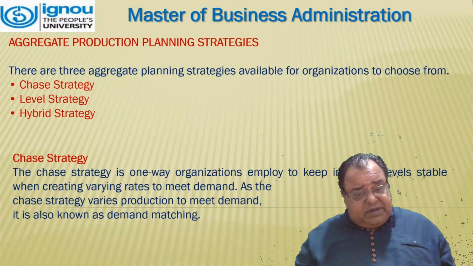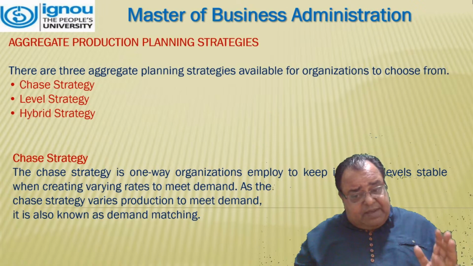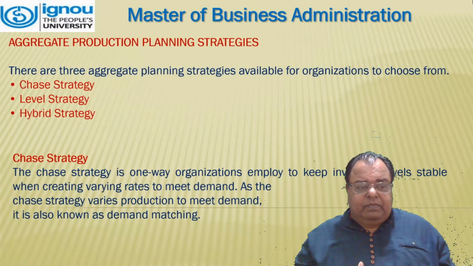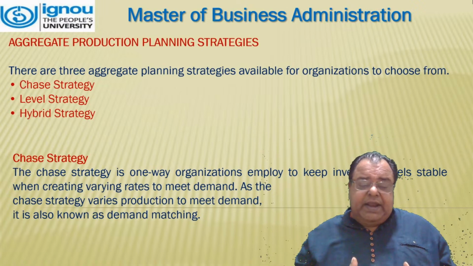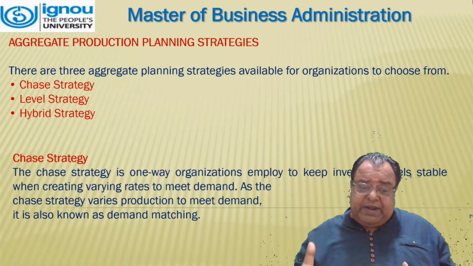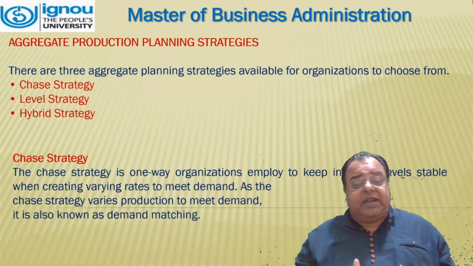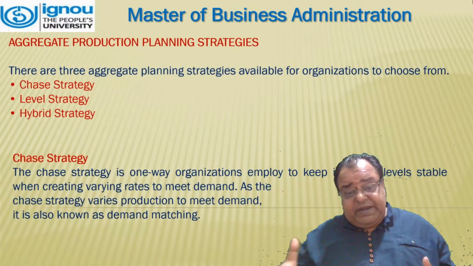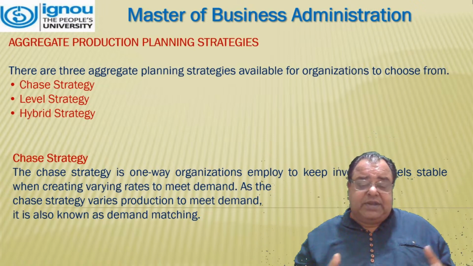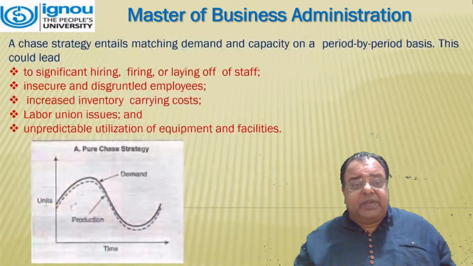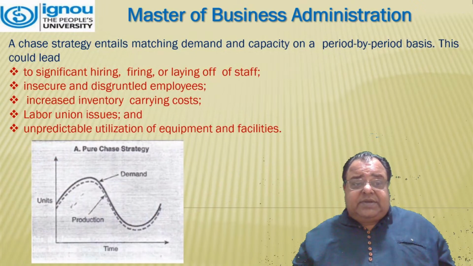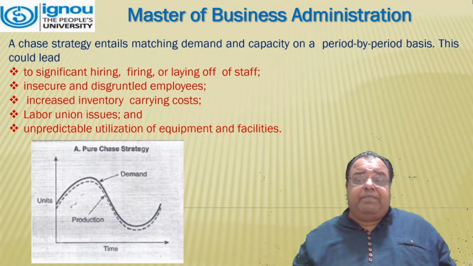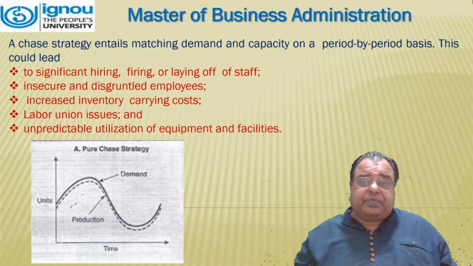Here, this is a way organizations employ to keep inventory levels stable while creating varying production rates to meet demand. As the chase strategy varies production to meet demand, it is also known as demand matching. The chase strategy entails matching demand and capacity on a period by period basis.